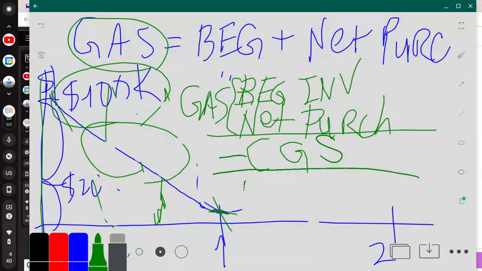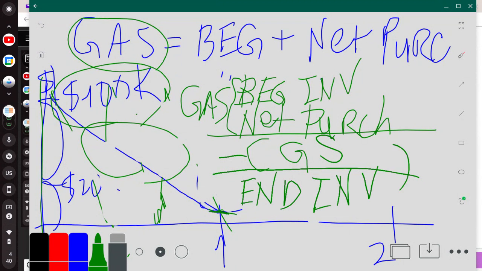Ending inventory is the result of subtracting CGS from GAS. This is the chronological order. But in the income statement they are switched, right? And why? Why are they switched? Hmm? Why are they switched? Anybody gave any thought about that? Anybody?